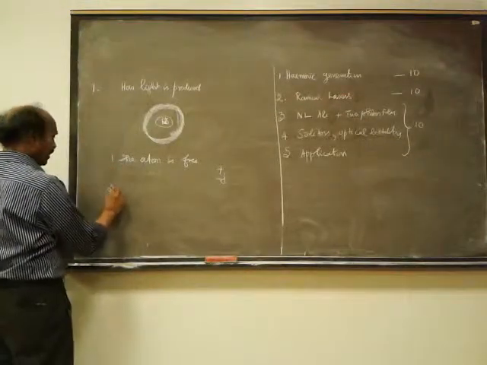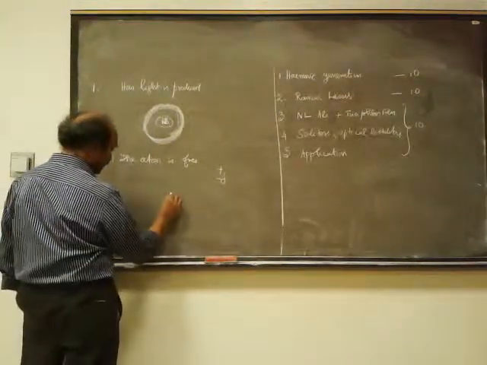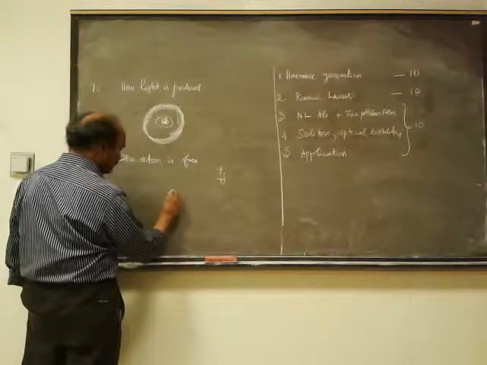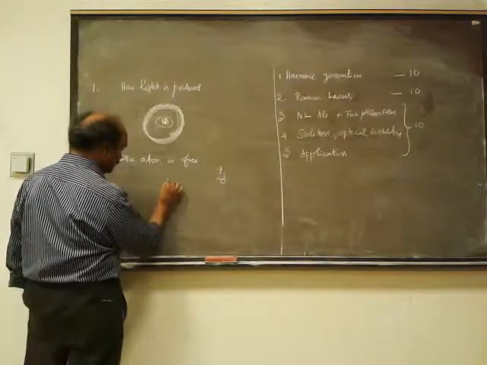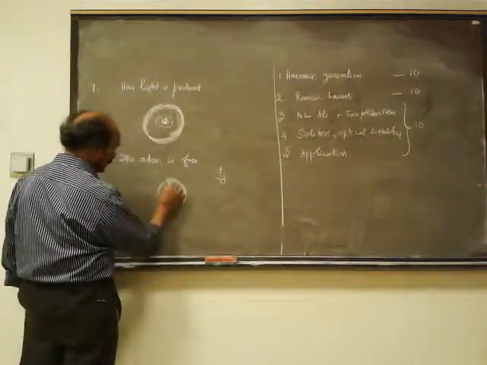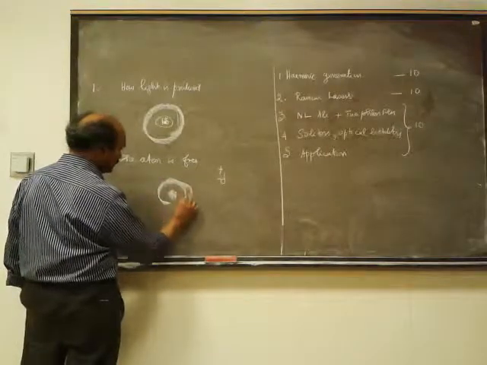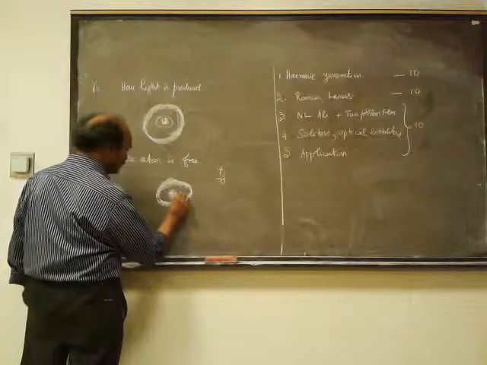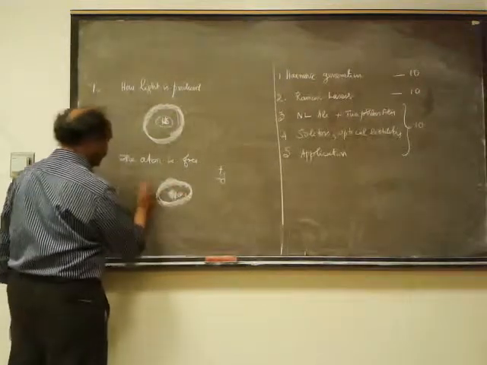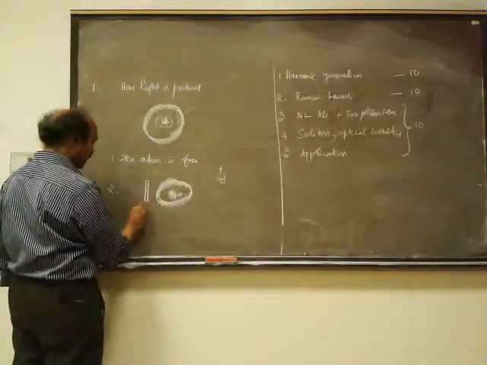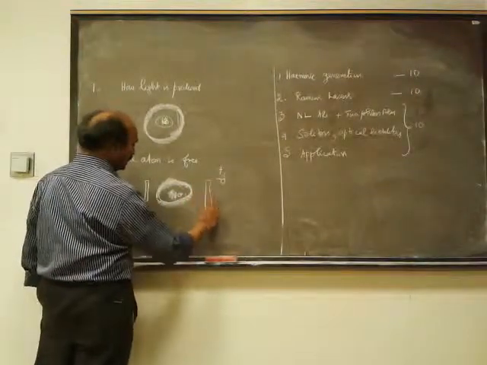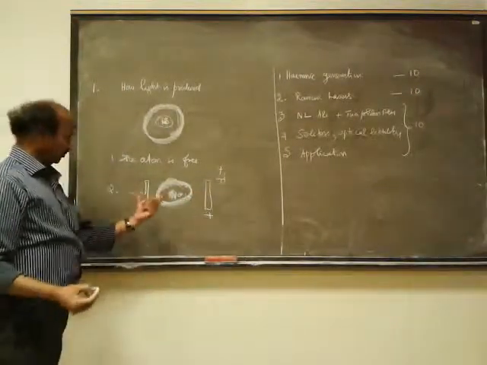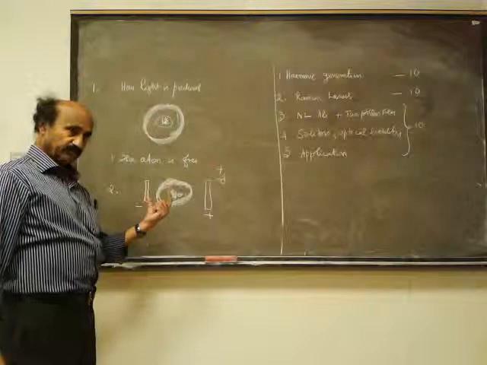Second, I take the same atom. This is positive. This will be slightly distorted like this. Look at it. Then this will be negative. This means I have negative and there is a positive electrode. I apply the electrode.